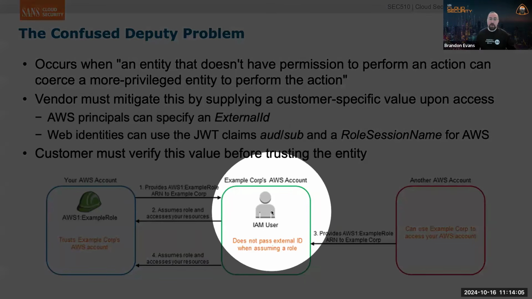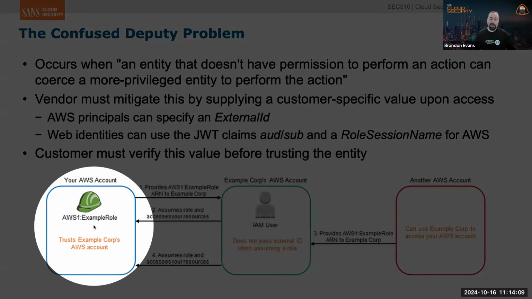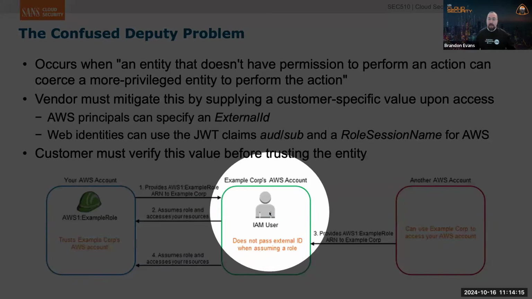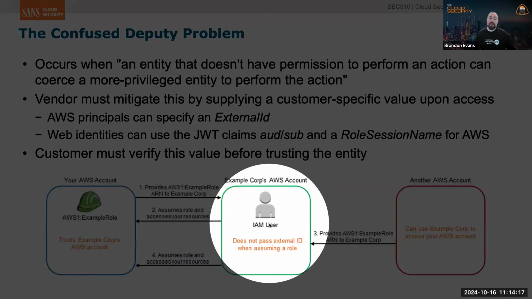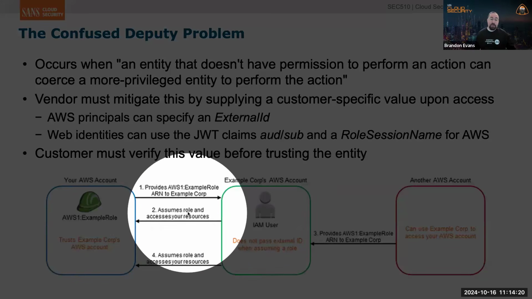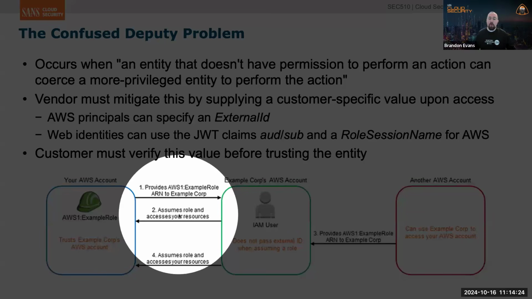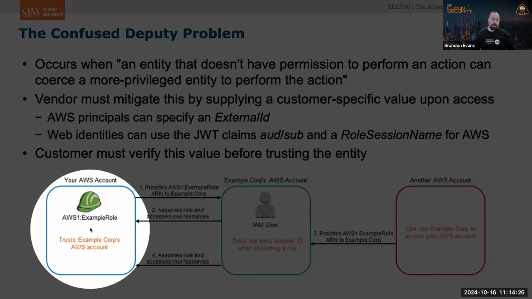Example Corp is going to scan this AWS account that, let's say, Alice owns. So Alice is going to give an IAM role to Example Corp. Example Corp will now be able to use that IAM role and the trust relationship that has already been set up earlier to assume a role and access resources in Alice's account.